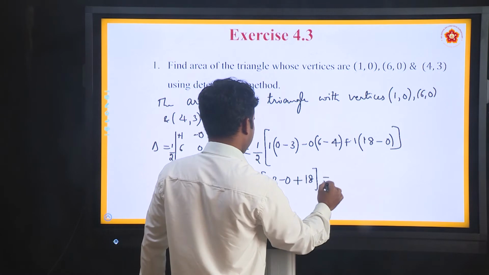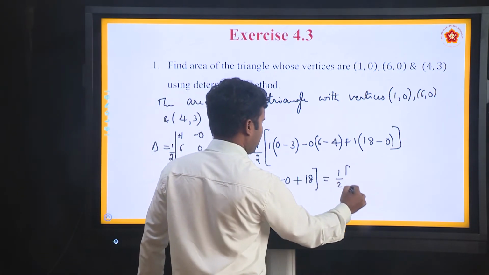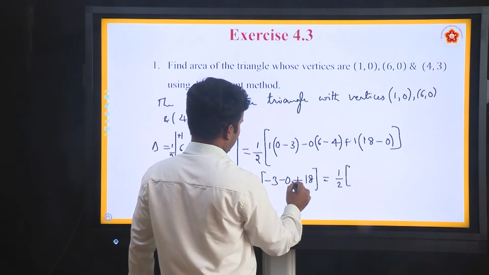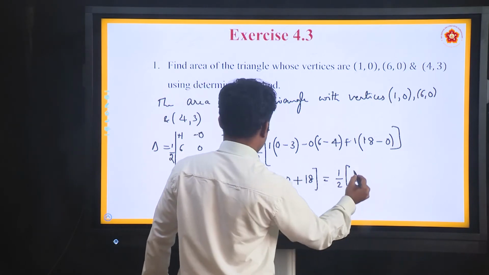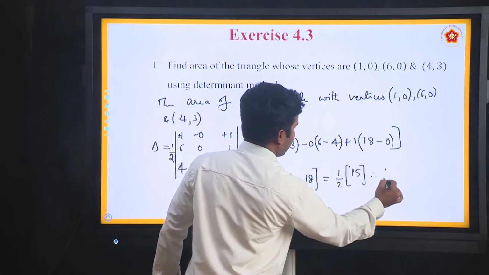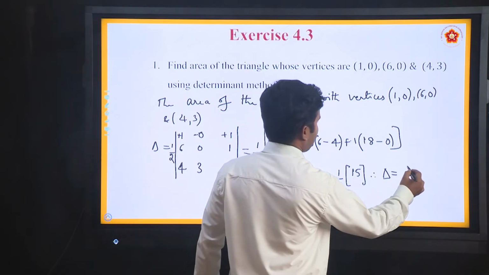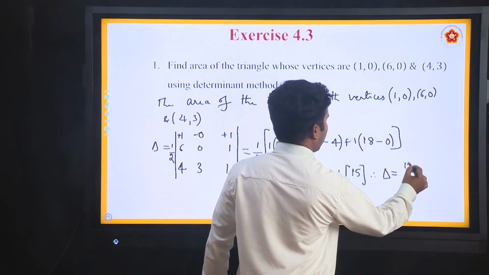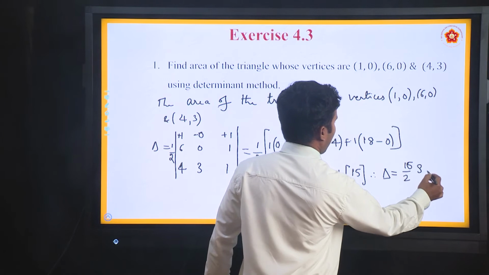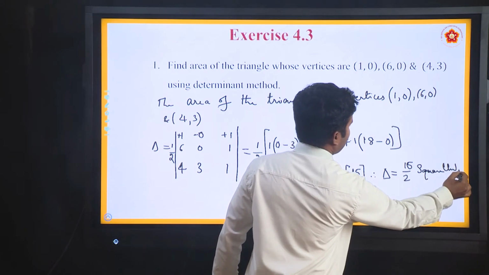So, what is this? 1 by 2 into minus 3, 0 plus 18 is 15. So, therefore, the area of the triangle of the given vertices is 15 by 2 square units. Okay.